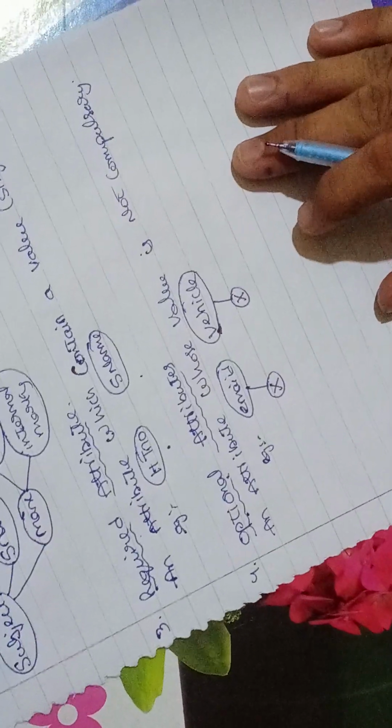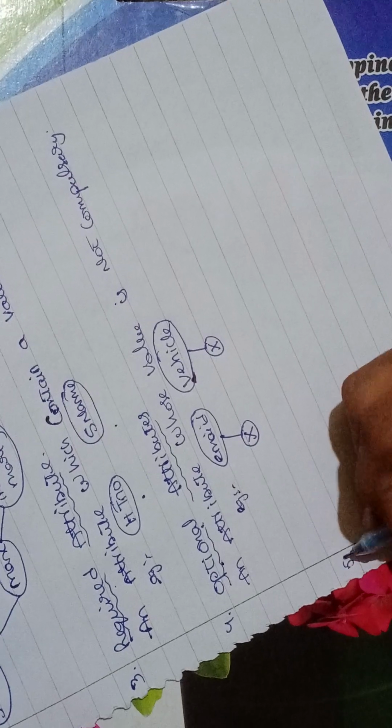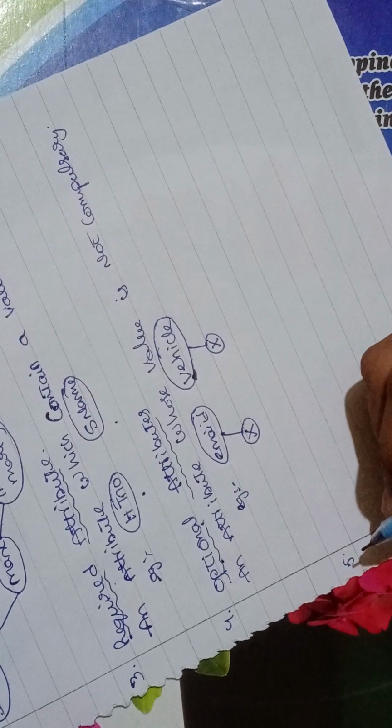This is the optional attribute. We can go to the fifth, the single-valued attribute.